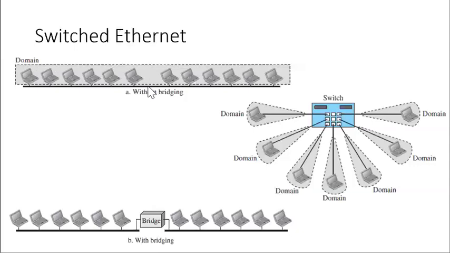Do you all remember the method in bus topology for how the cable is accessed? Here we use CSMA/CD and CSMA/CA, collision detection and collision avoidance methods, in order to access the media.